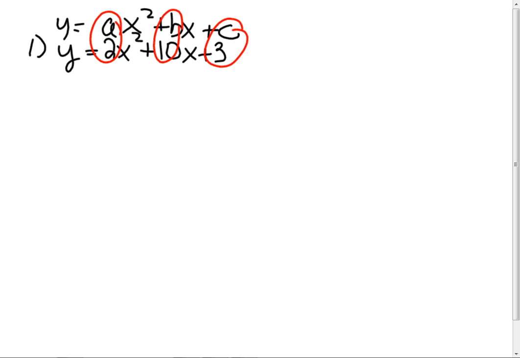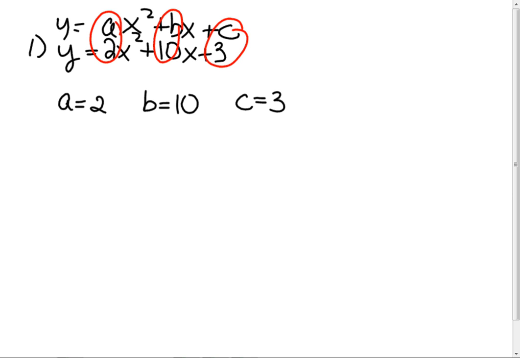Girls, you should write this down on your sheet. I just want to do one problem with you. A is 2. B is equal to what, Henry? 10. And C is equal to 3. Positive, C is equal to 3.